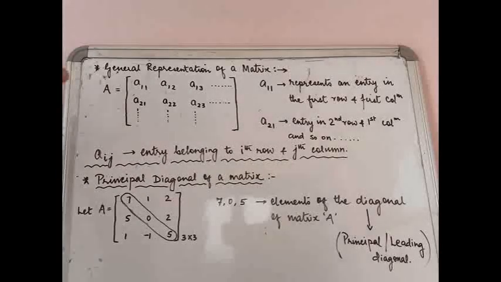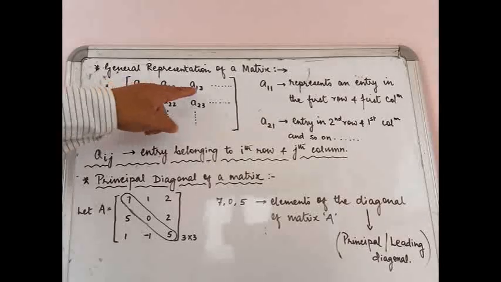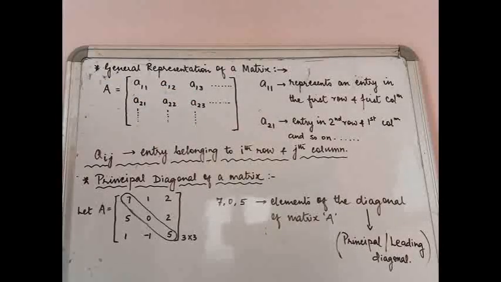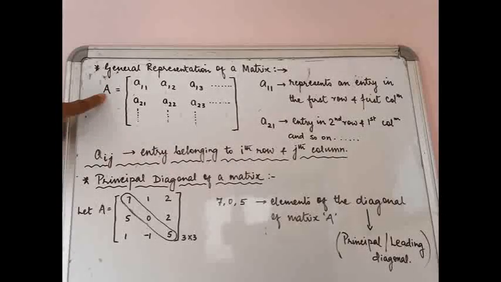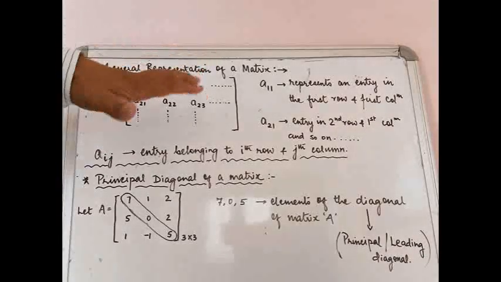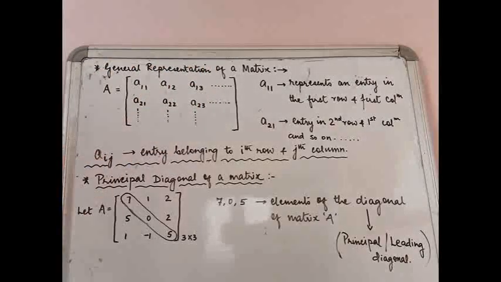Now if you want to represent a matrix generically, where you actually don't know the individual entries, how are you going to represent it? Suppose A is a matrix. Any matrix will be represented with a capital letter. It can be A, B, C, D, whatever. So there's a matrix A, and what is that matrix in terms of the entries that we have?